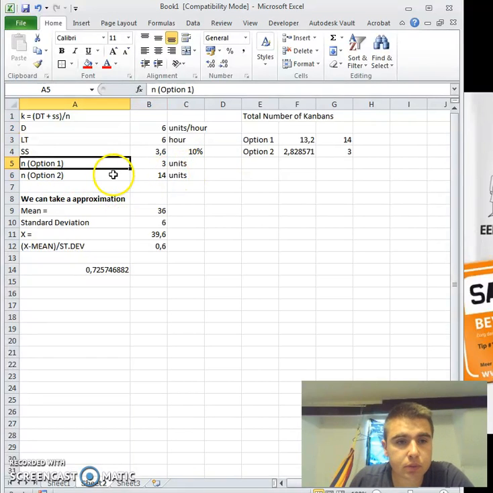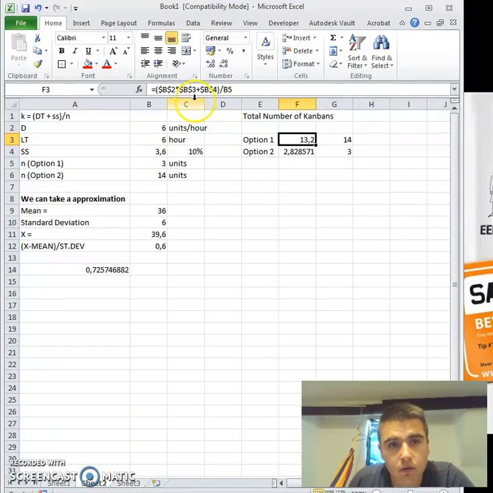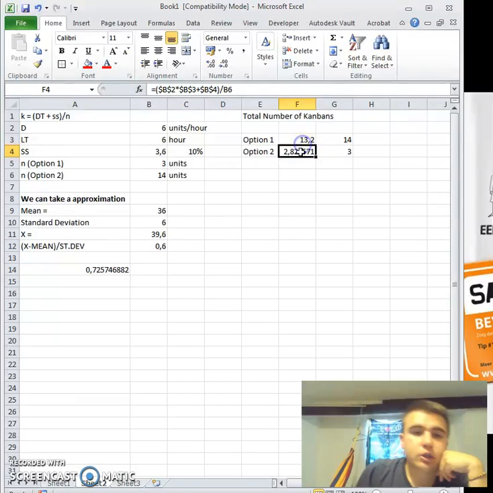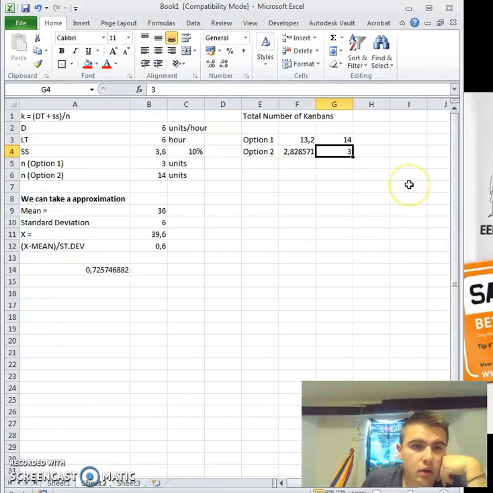And here we have the two options for the capacity, and if we take the formula, D times LT plus the safety stock divided by N, we get for option 1 13.2 and for option 2 2.83. If we round this up, which seems the most logical way, as you need to have integer Kanbans, and if you go lower the results are not as good. So these are either 14 or 3 Kanbans, depending on the option you want to use.